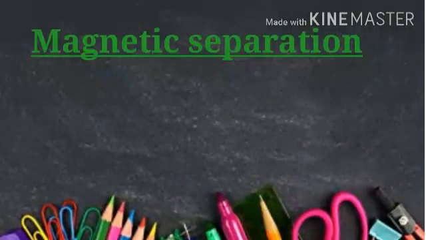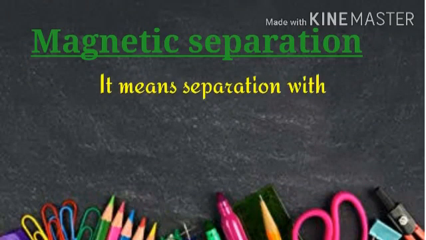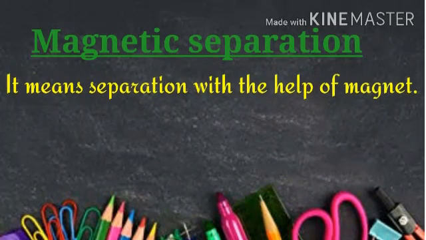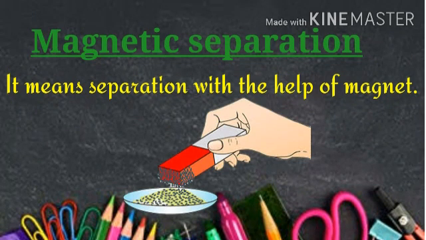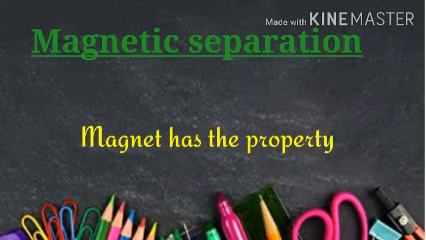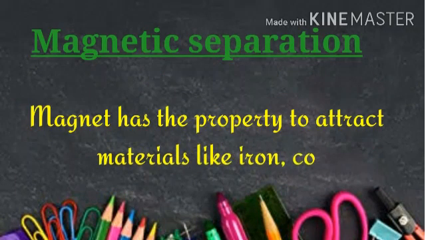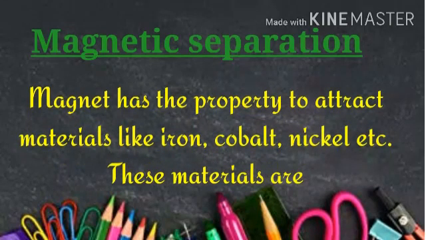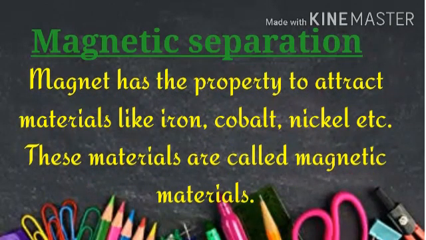Now let's talk about magnetic separation. Magnetic separation, as the name suggests, is separation with the help of a magnet. So in this method, we separate mixtures using a magnet. Children, you know very well that a magnet has the property to attract iron and some other materials like nickel, cobalt, etc. These materials are called magnetic material.